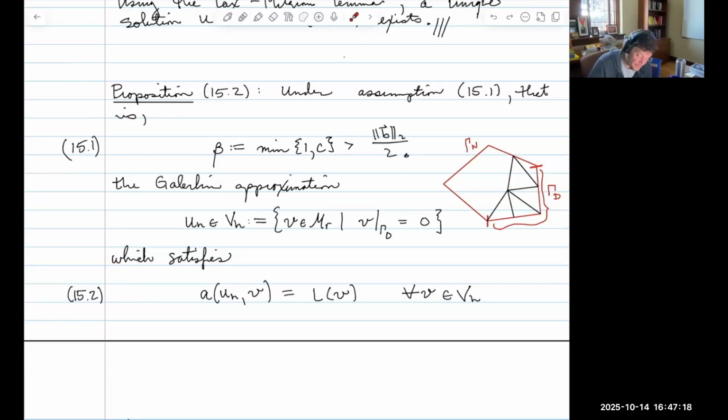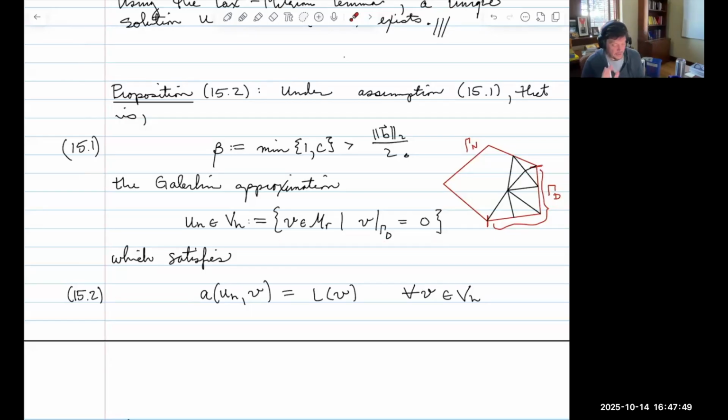I'd have to resolve this by making sure that my triangle resolves like that. So the requirement is that the edges of these triangles that are on gamma D must be entirely in gamma D, and can't have some of their portion be in gamma N and vice versa. If that's true, then this is always going to be possible.